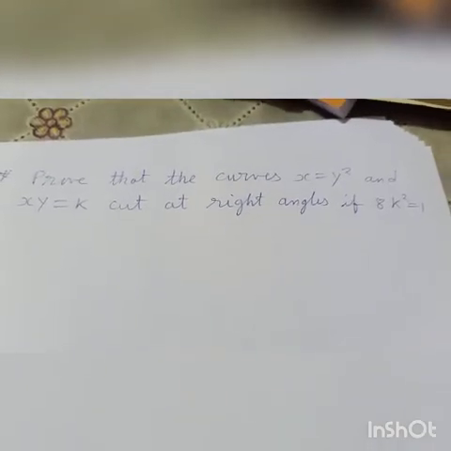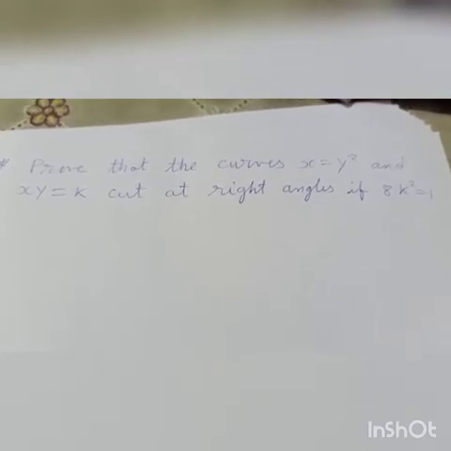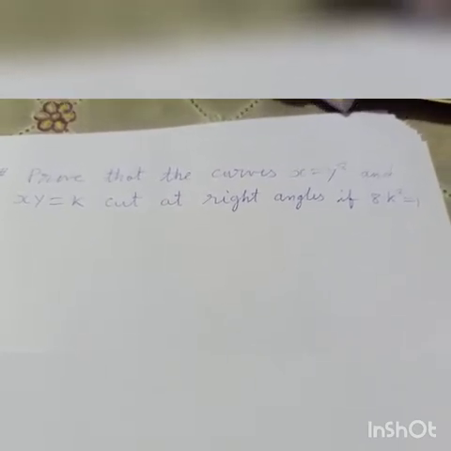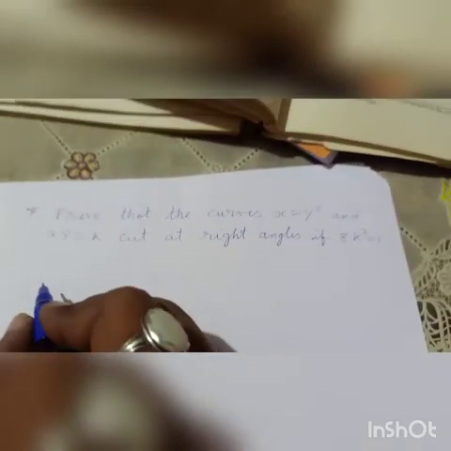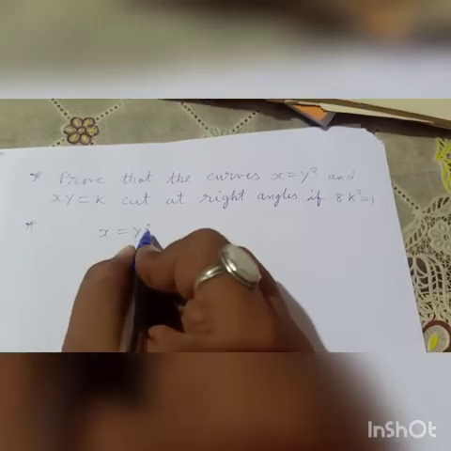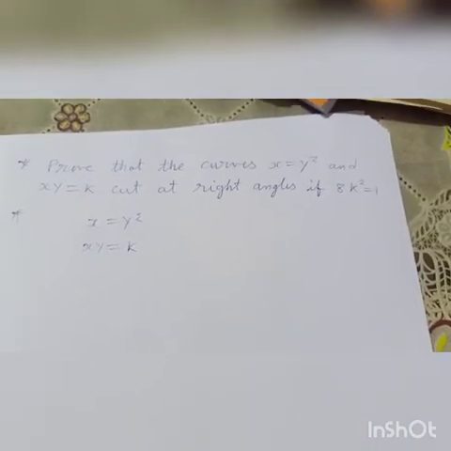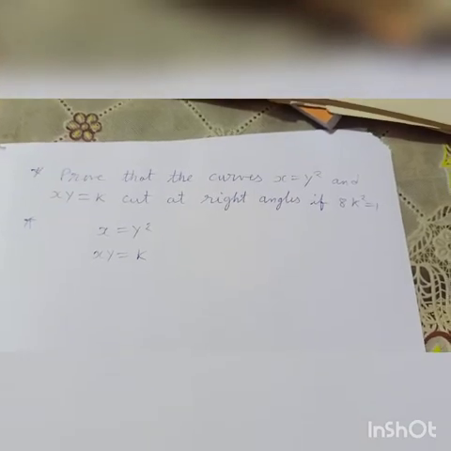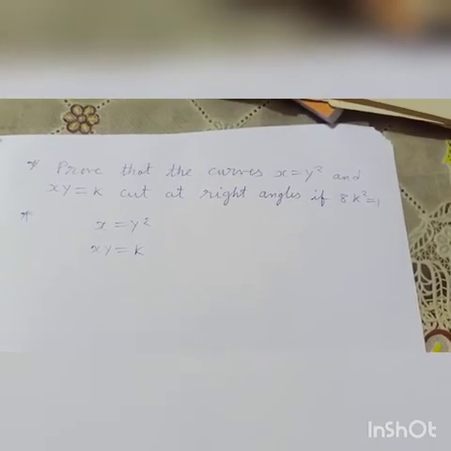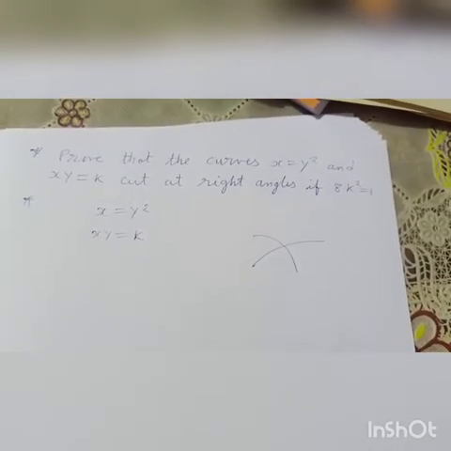Prove that the curves x equals y square and xy equals k cut at right angles if 8k square equals 1. So the given curves are x equals y square and xy equals k, and these curves cut at right angles. Suppose these are two curves, the angle between these two curves is a right angle.